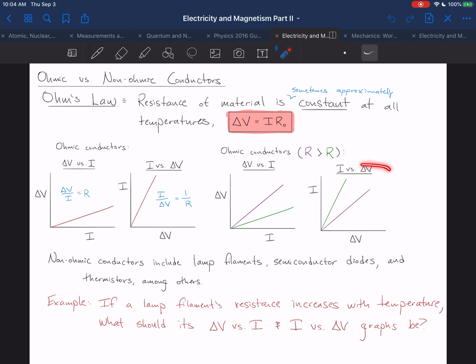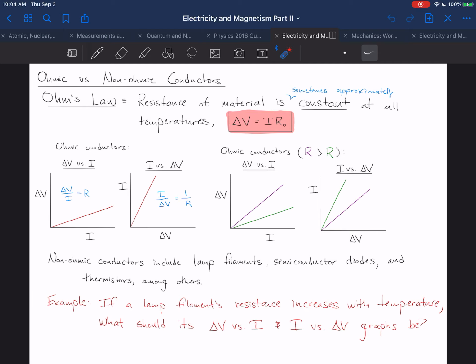And then if you flip the axes, you find that that trend flips, which is often counterintuitive, so you've got to be a little bit careful. The lower resistance material will have an I versus delta V curve or line that is above the higher resistance material if these axes are flipped.